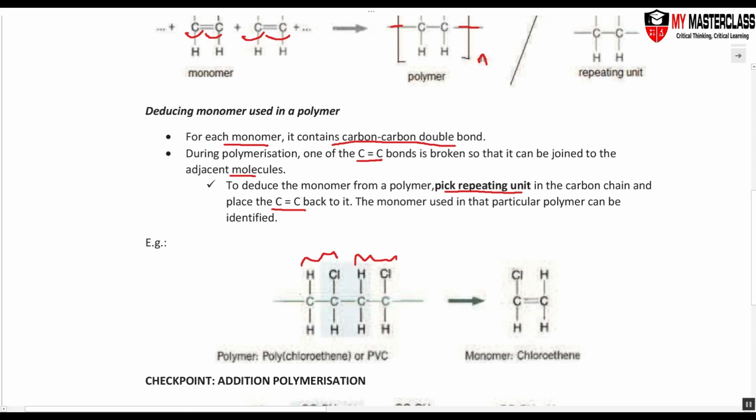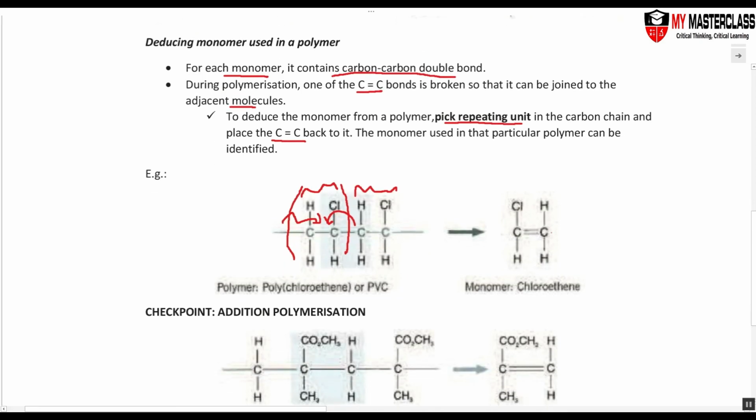Pick the repeating unit, this whole part, and put the double bond back. Your monomer will look like this, C double bond C with the Cl and the H. To be very accurate, actually my Cl should be here, my H should be here. This one will be your monomer. And what's the name of your monomer? It is chloroethene, because it's an alkene. And this one is your polychloroethene. You don't change it to -ane even though they are all single bonds.